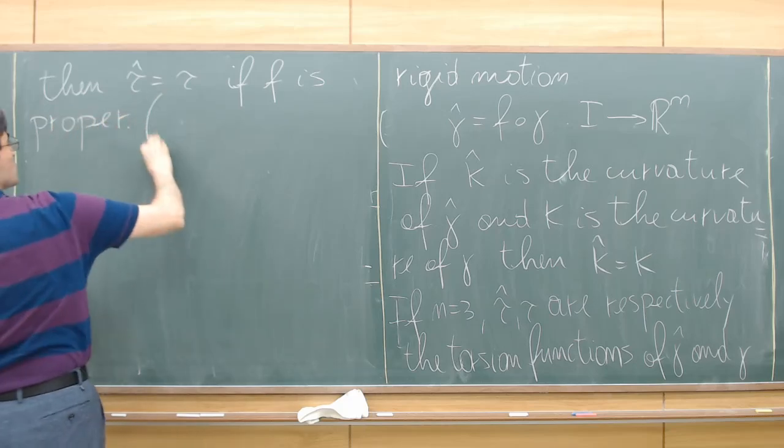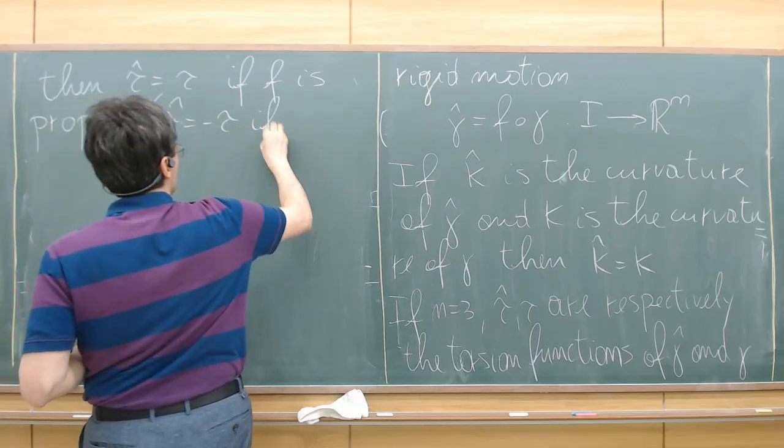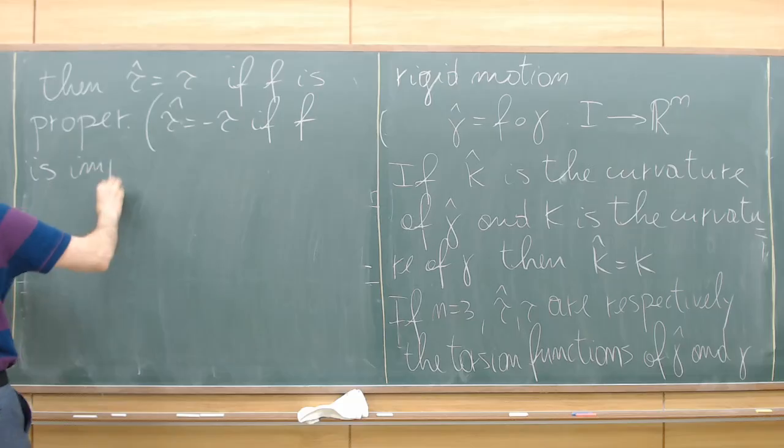We will prove also that tau hat is minus tau if f is improper.